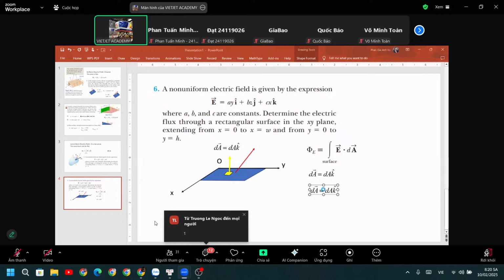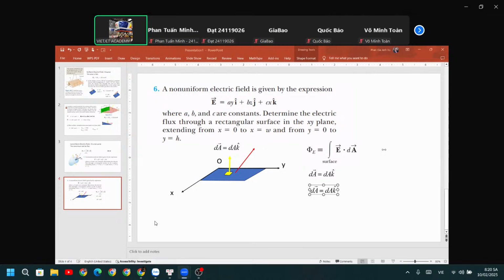E dot dA will be E dot dA K, because dA vector is dA K. Then you substitute the E given in the example into that, you get E is A y I plus B y J plus C x K, right?